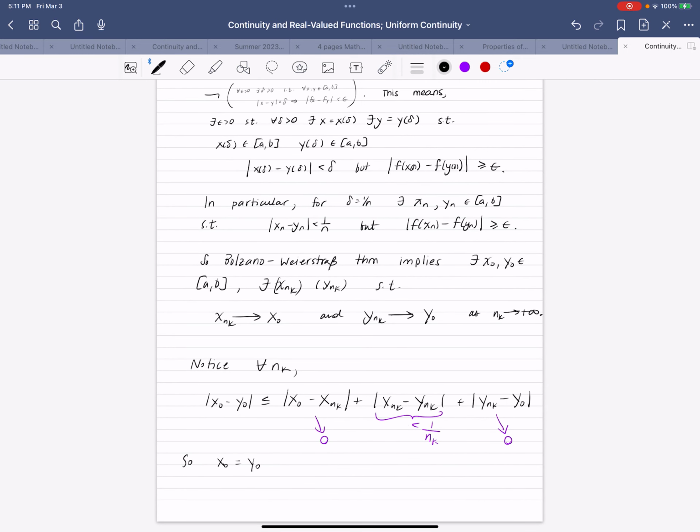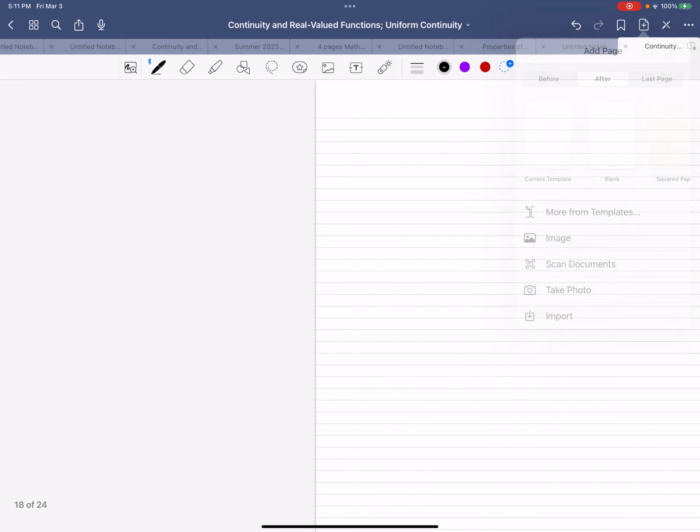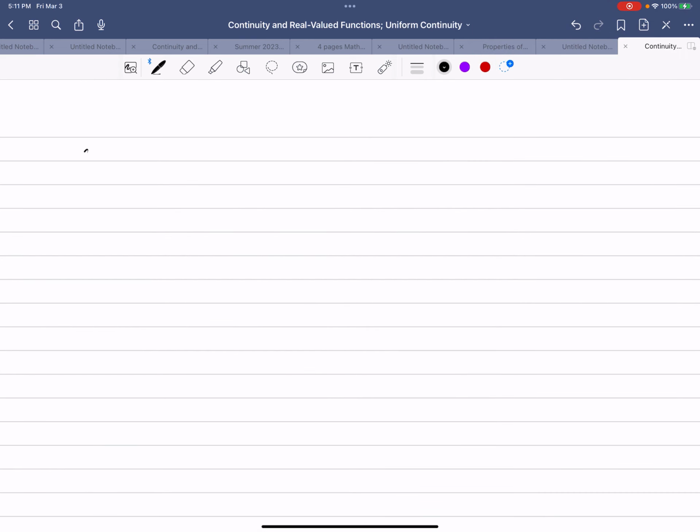Here's the problem. f is continuous. So xnk converging to x naught implies f of xnk converges to f of x naught. And ynk converging to y naught implies f of ynk converges to f of y naught.